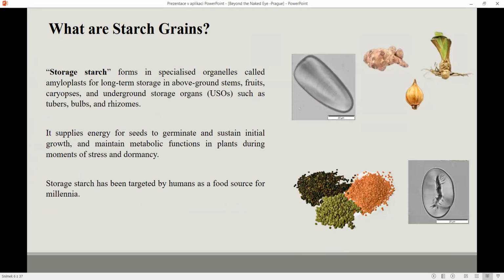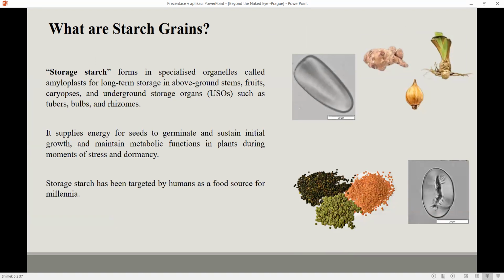It forms in specialized organelles called amyloplasts for long-term storage in special organs, for example, in above-ground stems, fruits, seeds, and underground storage organs, which in this category include tubers, roots, rhizomes, and all these storage organs that we can find on the ground.